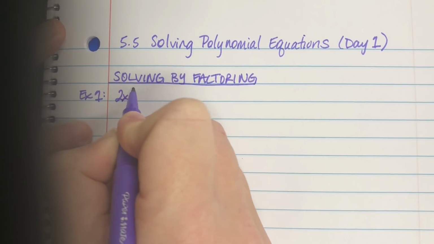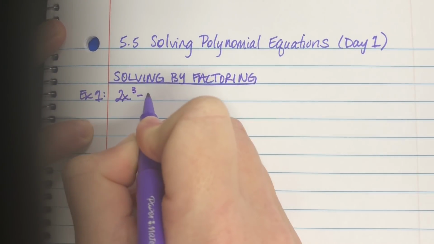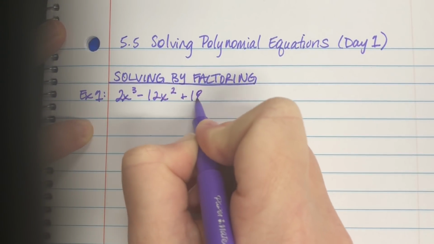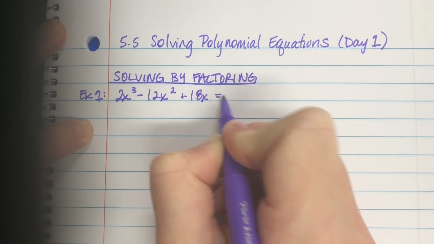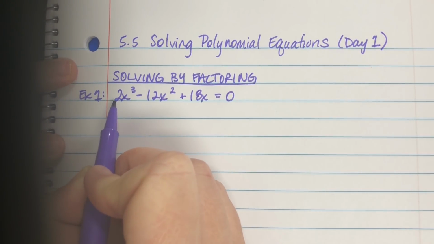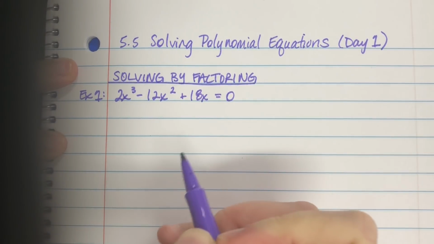Alright, so we have 2x cubed minus 12x squared plus 18x equals 0. So just like last class, we want to start with our factoring, and the first step always is your greatest common factor. Remember, we're looking at the numbers to begin with. We've got 2, 12, and 18.